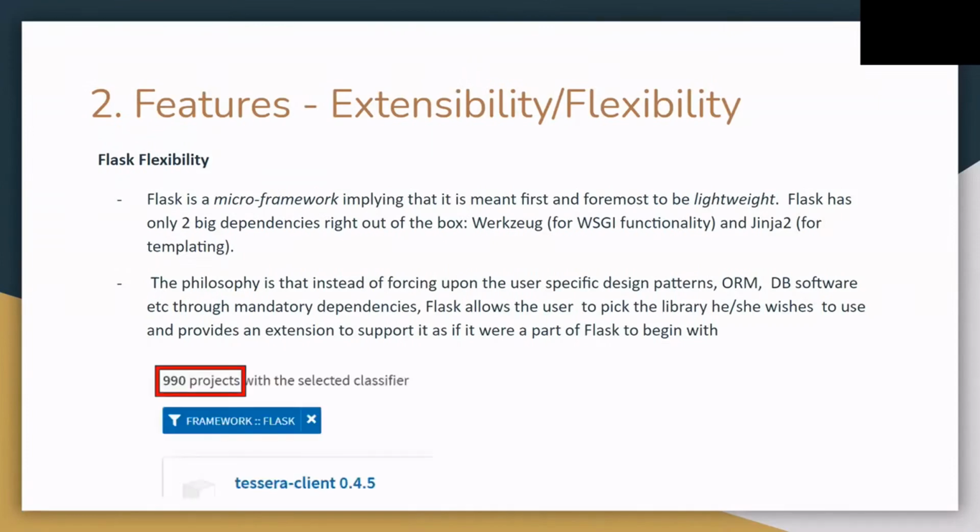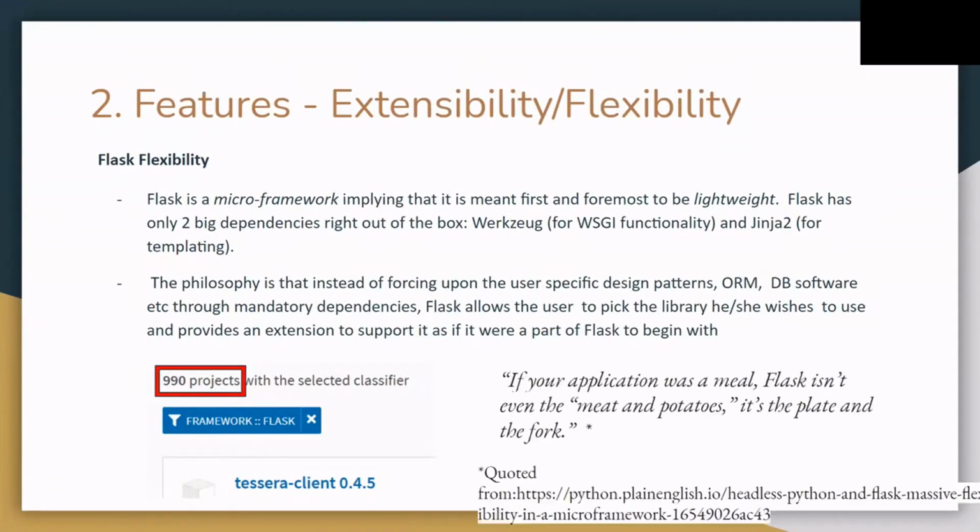And just to demonstrate, there are over 990 available extensions that Flask supports. So it is very much oriented towards using extensions to allow other libraries rather than encoding mandatory dependencies in its own source code. And this quote online actually captures it pretty well.